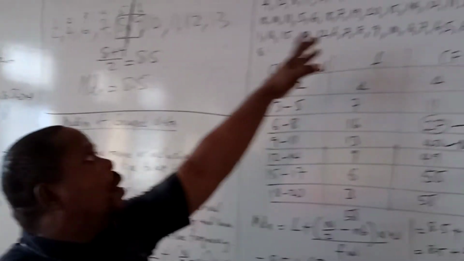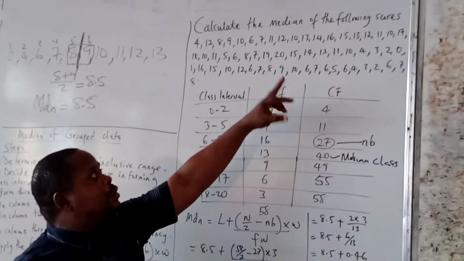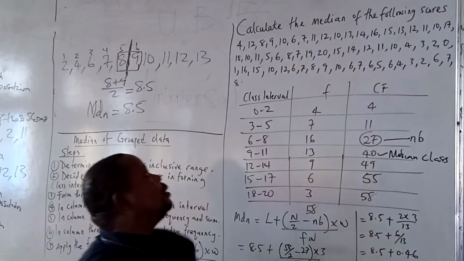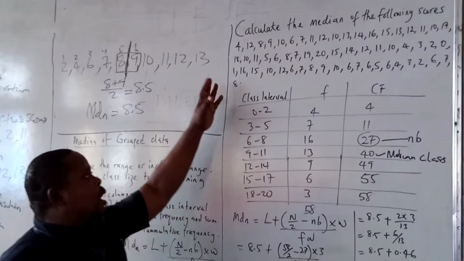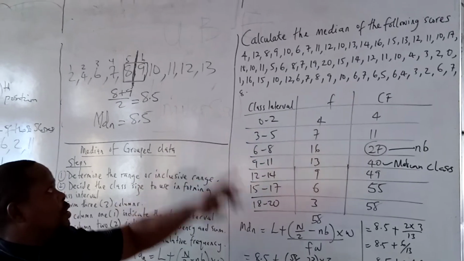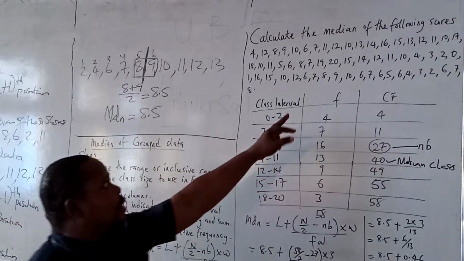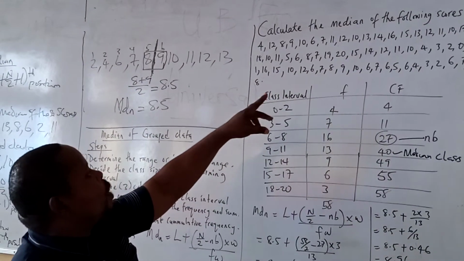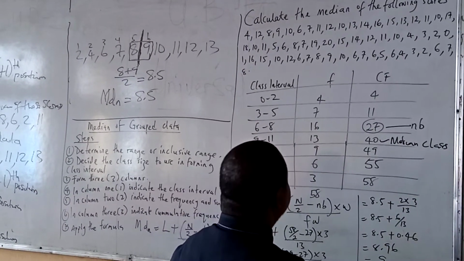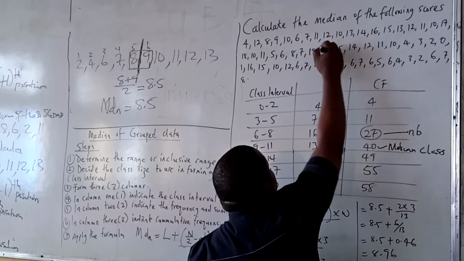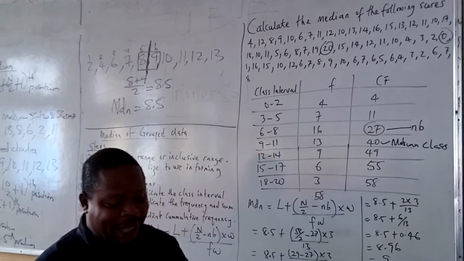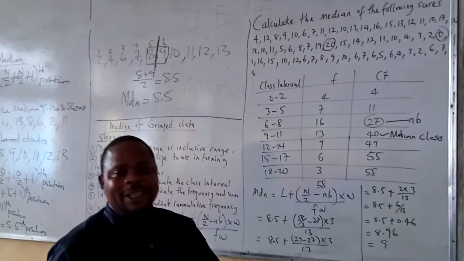This is an example. Calculate the median of the following scores. You can see the scores here. And then, what is done first is to determine the inclusive range. Remember that the highest score here is 20, while the lowest score here is 0. 0 is a score.